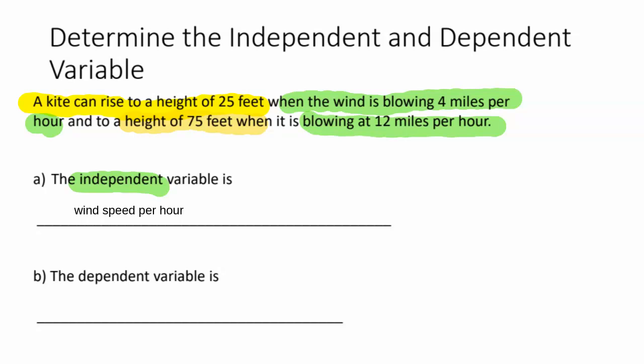If the wind is 4 miles an hour, it's going to go 25 feet. The reaction will be it goes 25 feet. But if it's a very windy day, my kite's going to go higher. So in this case, the dependent variable is the height in feet.